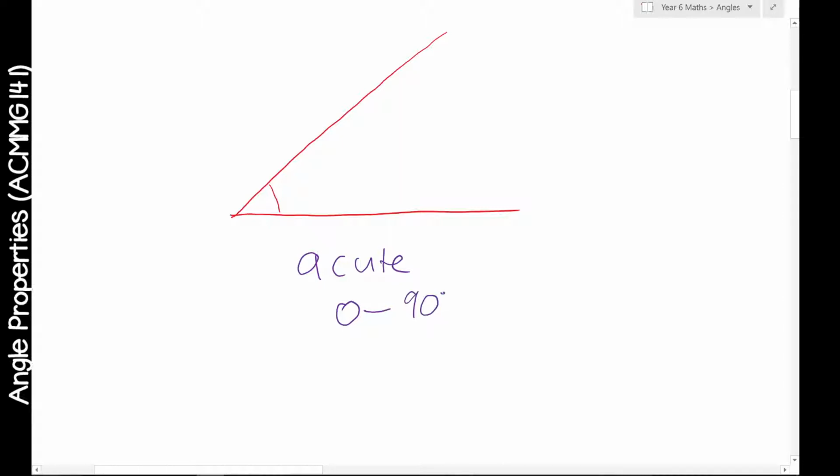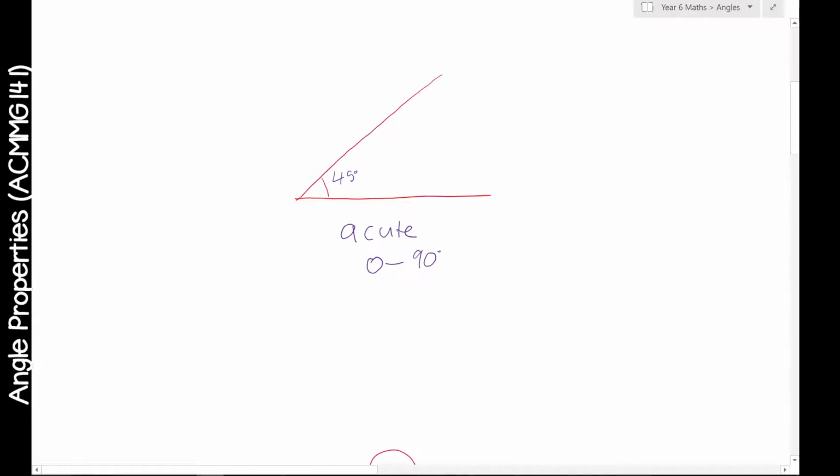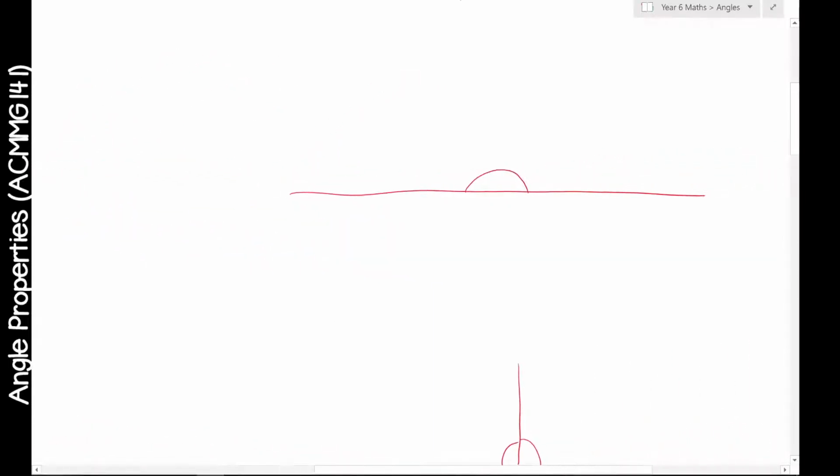Again, I'd be a bit more specific and say maybe between 1 degree and 89.99999, so it's just before it is a right angle. So acute is anywhere between this far up, all the way to this far up, being a right angle. So it's anything in between. An example of an acute angle could be 45 degrees. We'll look at measuring them later.